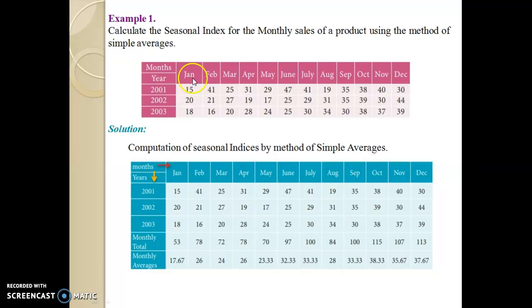This is 3 years of monthly data, from January to December, for the corresponding years 2001, 2002 and 2003. These are the monthly sales. So how to calculate? As per the procedure, we compute the seasonal indices by the method of simple averages.